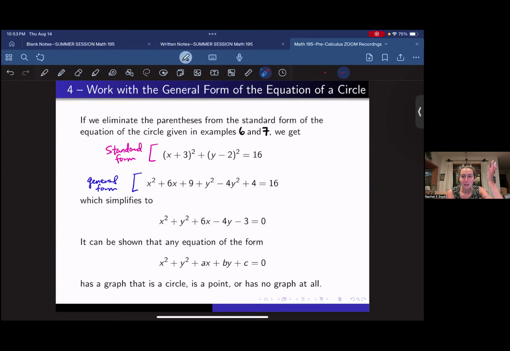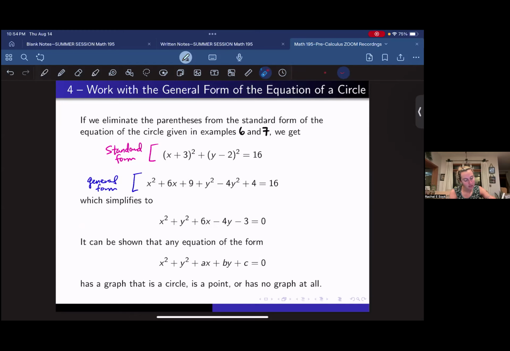But I was taught that that's vertex form. So yeah, I don't know. Modern math. Okay, so let's see. That is everything that we need to know on this slide.